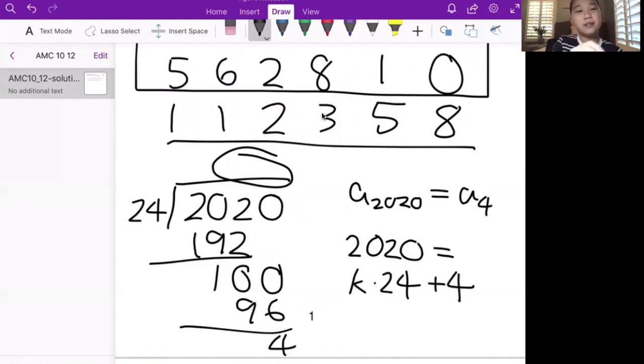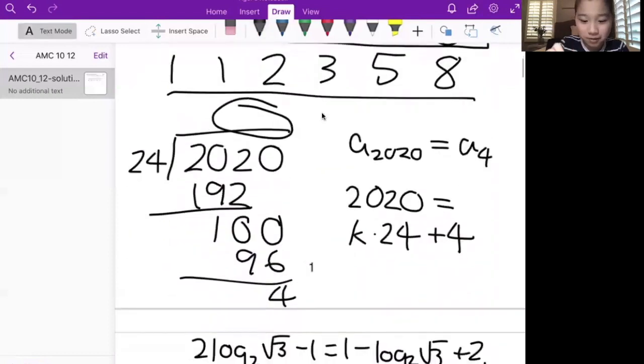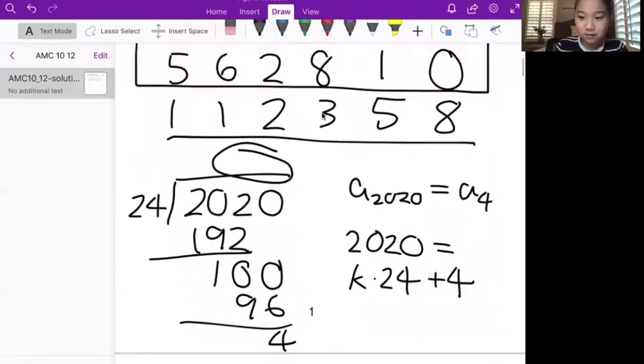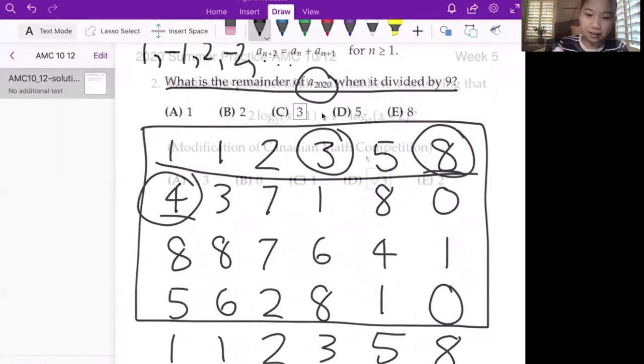And since if you subtract 24 from an index, the sequence is still going to be the same, that means A2020 is equal to A4. And that basically solves our problem. A4, we can just look here, it's 3. So A2020 has a remainder of 3 when it's divided by 9.